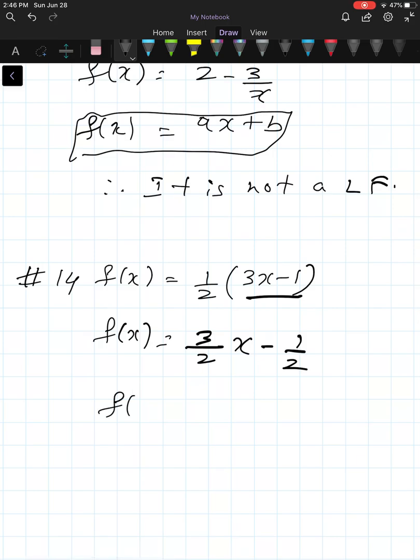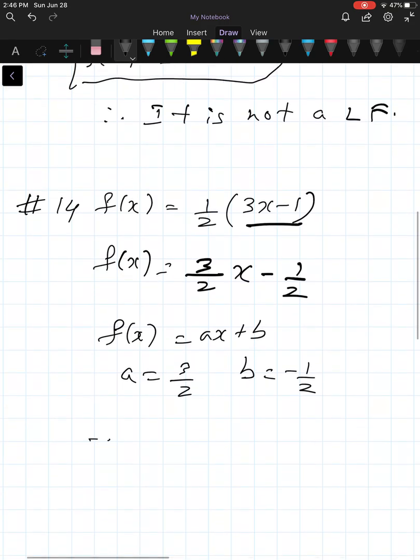This is definitely of the form f of x is equal to ax plus b, where a is 3 over 2 and b is -1 over 2. Therefore the given function is a linear function. This is how we determine whether a given function is linear or not.